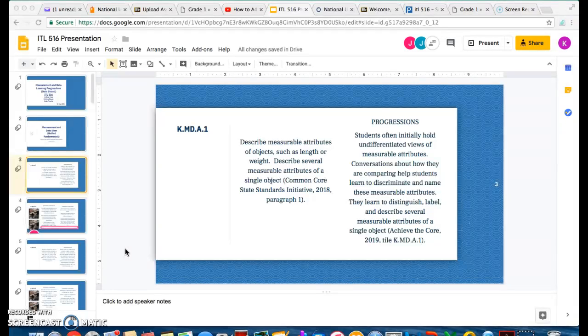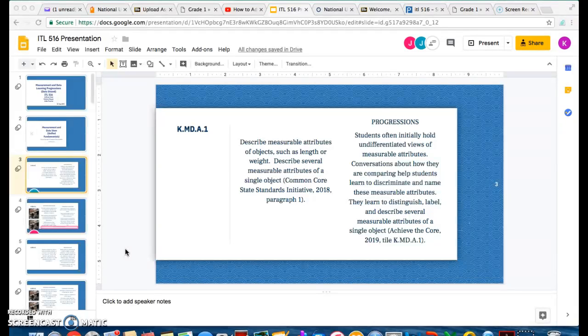A way to incorporate this in the kindergarten classroom could be through discussion, as well as finding non-standard ways of measuring. One way of doing this could be using Unifix cubes. You can measure the length of a book using the Unifix cubes.